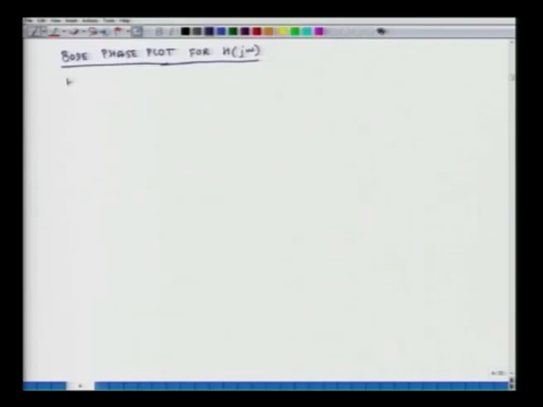Once again, my H(j omega) is a product of H1(j omega) times H2(j omega) times H3(j omega).